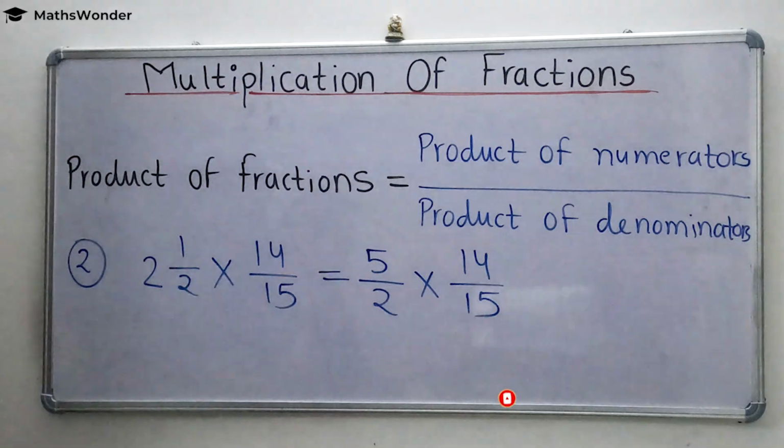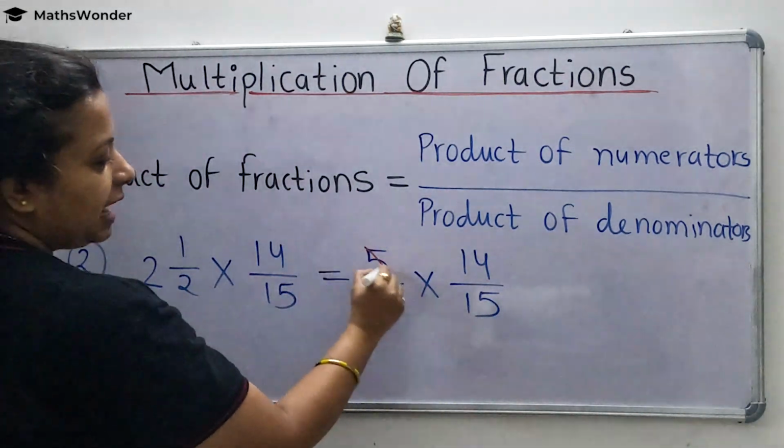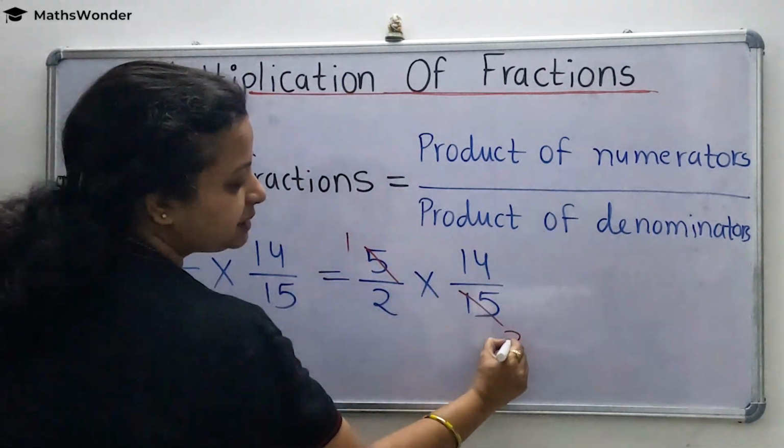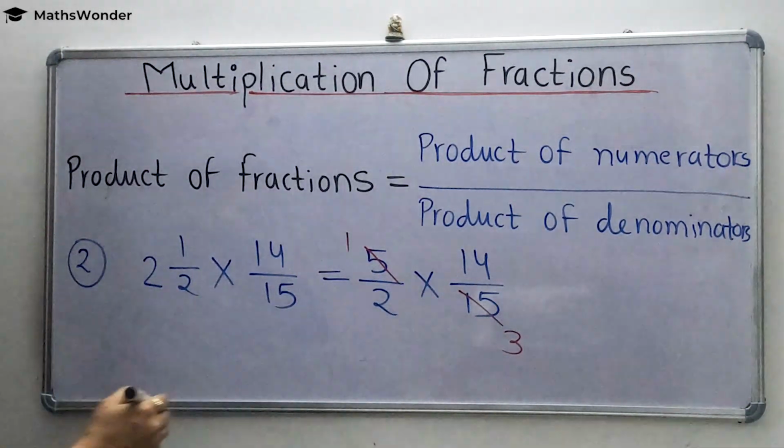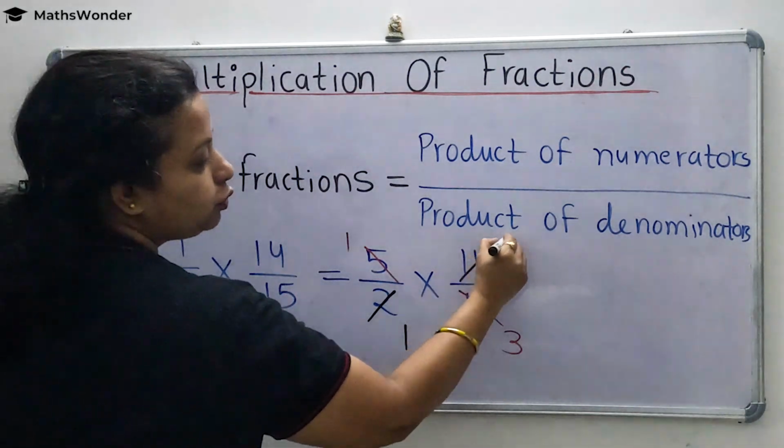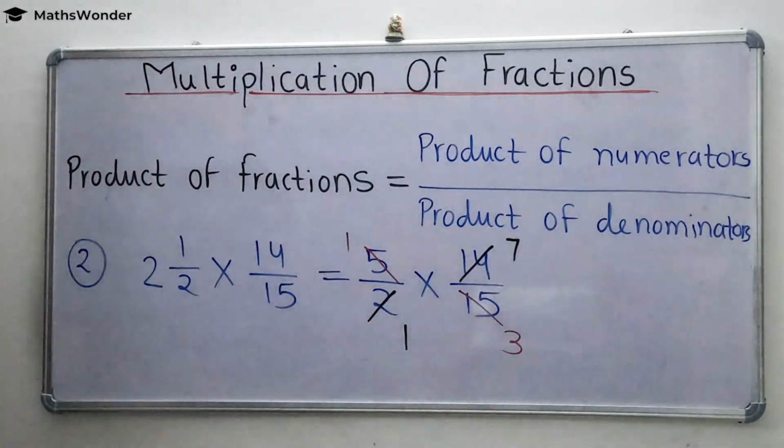Right? First of all you will convert into improper. Then you will check, can we simplify something? Yes, of course. 5 times 1 is 5, 5 times 3 is 15. Another simplification is also there. Yes, of course. 2 times 1 is 2, 2 times 7 is 14.